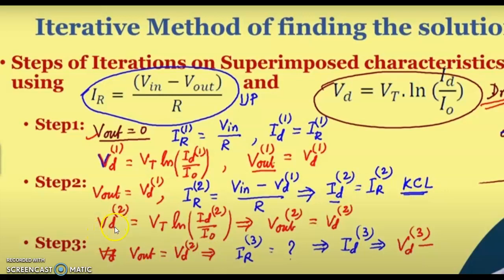Here Vd equals Vt ln of Id divided by I naught, equal to V out equal to Vd. In step 3, V out equals Vd, IR equals Id, Vd equals Vd.